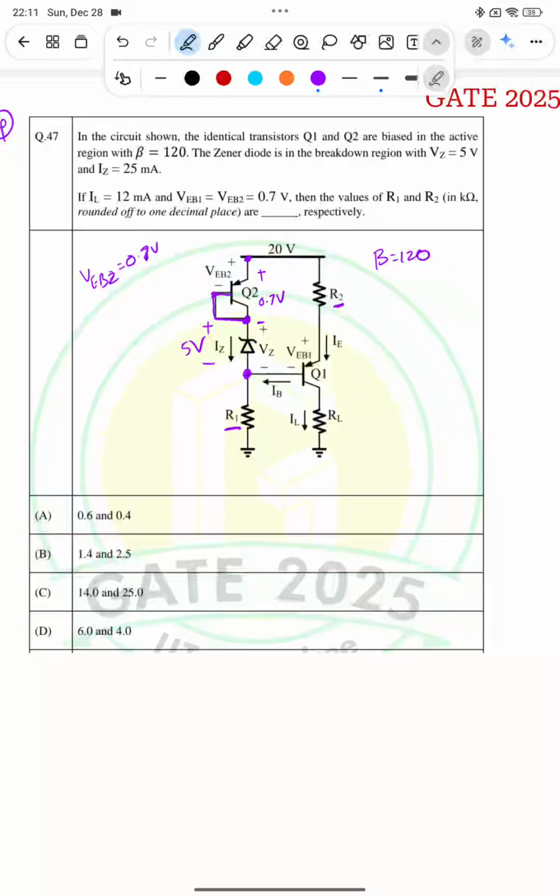From this node to ground we have the resistance R1. We don't know the voltage across this R1, VR1. In this circuit, the voltage from this point to this point is 20 volt, and till this node this voltage is split as 5 volt and 0.7. So what will be VR1?